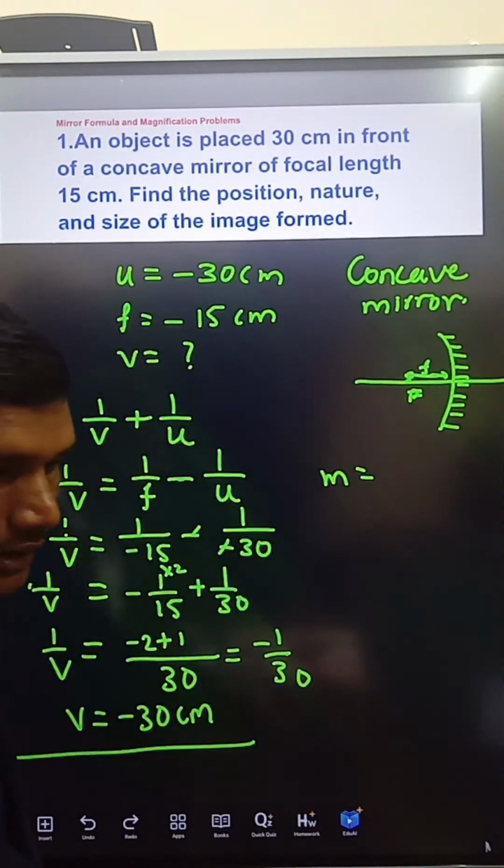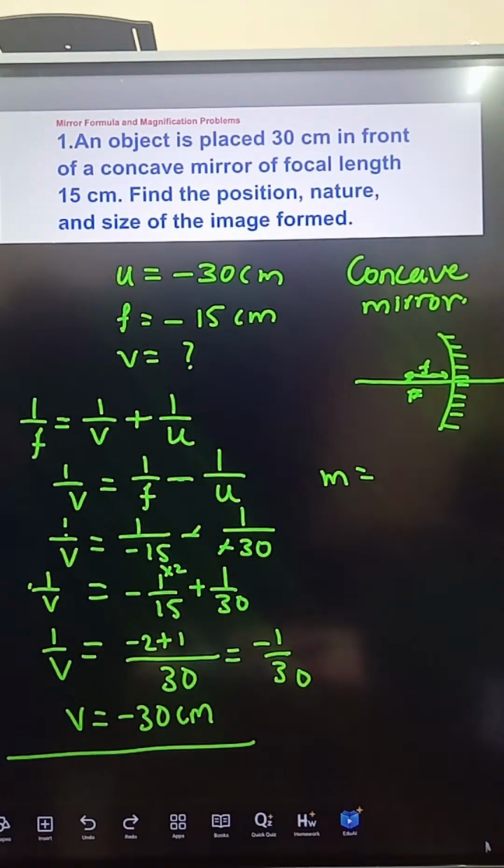Problem with the laptop, I cannot see anything. We can't see the full board. Actually, I have set this for vertical video, Naseem.